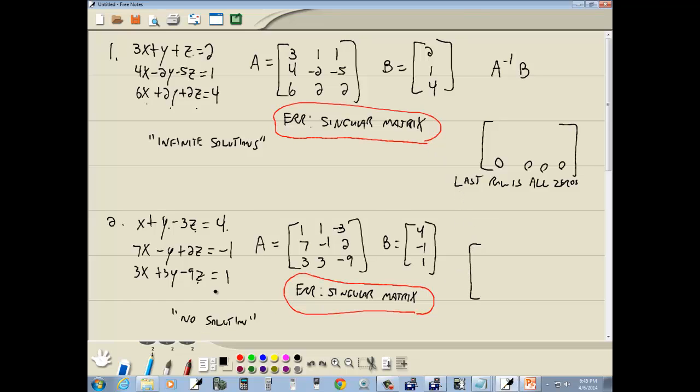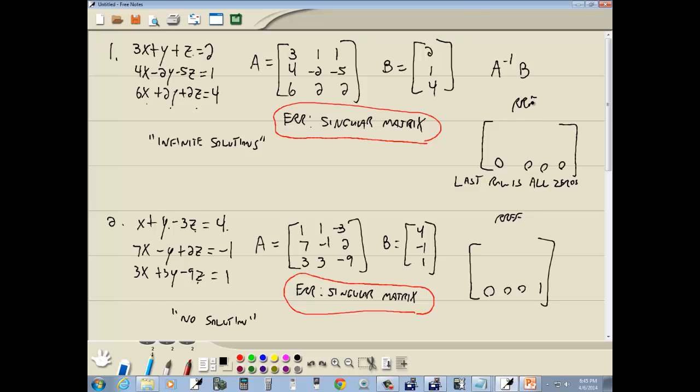For this one, if I went through and did REF, I would end up with, oops, a little bigger. There it goes. Okay, use your imagination. Let's try it again. Okay. If I did REF, and this is REF on both of these. Now don't get excited.